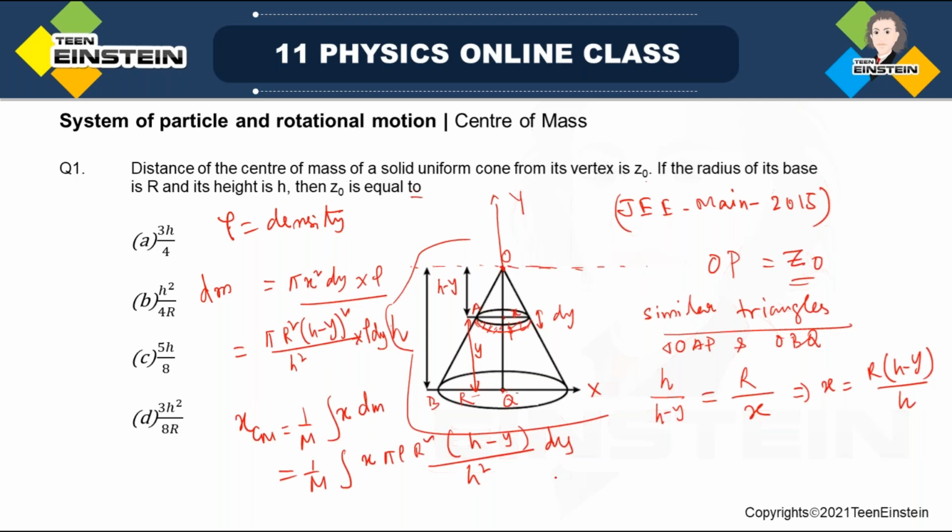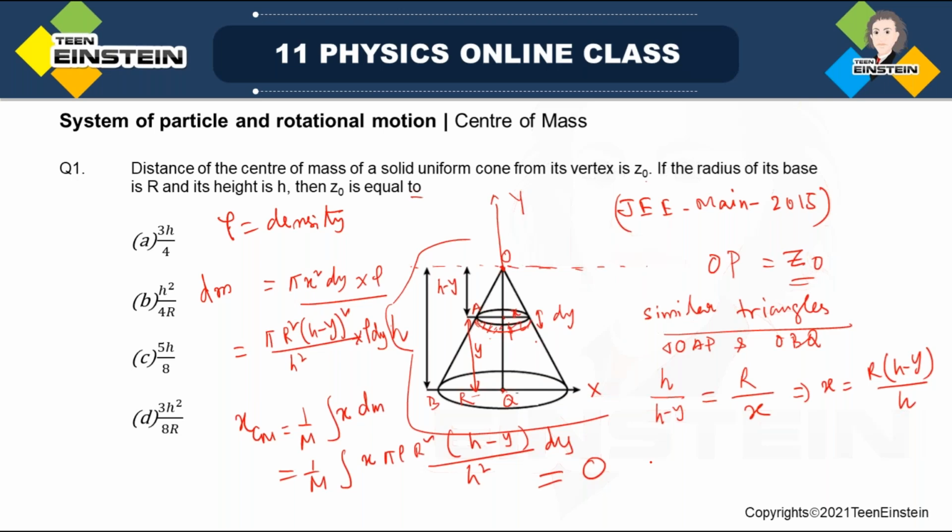This is the reason that the x coordinate of the center of mass will be 0, because the center of mass is situated on the y axis, the vertical axis, and not on any other point. By symmetry, you can understand that the center of mass lies on the vertical axis.